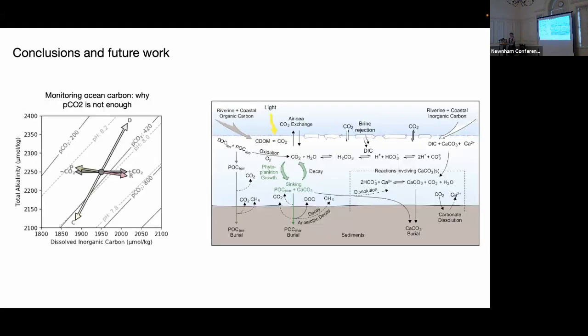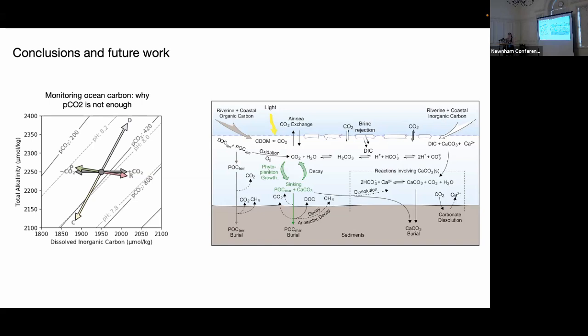Okay. This is just getting to a conclusion, but it's mostly future work. Maybe not such an uplifting message at the end, but what we're trying to do is reconstruct pCO2 in the ocean, because that tells you about air-sea fluxes, which is great, of course.